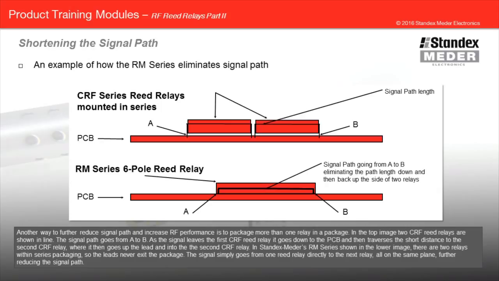In Standex Meder's RM series shown in the lower image, there are two relays within a single package, so the leads never exit the package. The signal simply goes from one reed relay directly to the next relay, all on the same plane, further reducing the signal path.